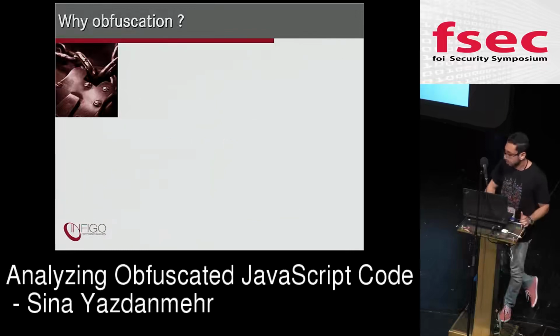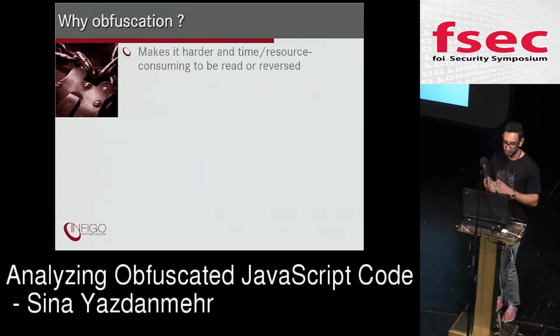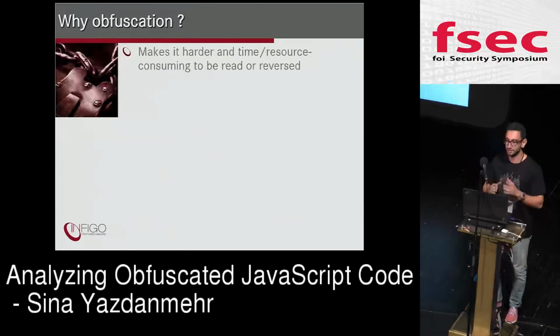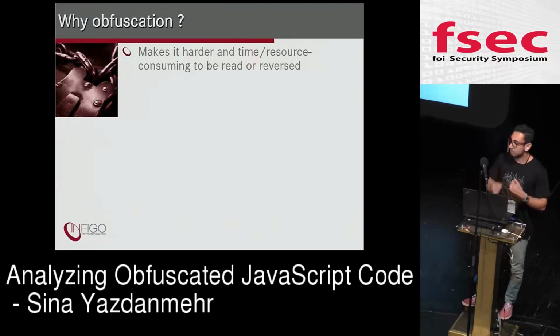Now, let's start with the advantages. First, since obfuscation makes the code harder to understand and read by an attacker or another person, it takes more resources and time for the code to be broken.